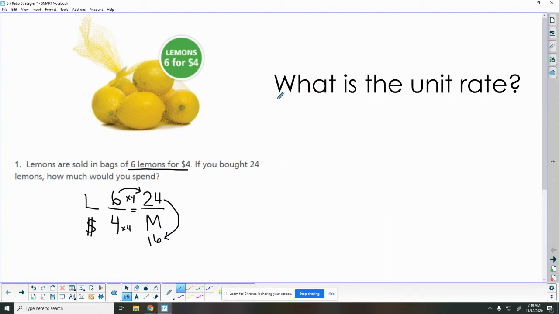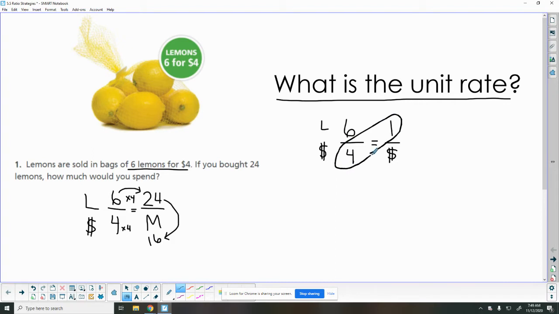So now we also need to know the unit rate. So our unit rate is we have our lemons, and I want to know if I have 6 lemons and they cost $4, if I bought 1 lemon, how much money would that be? So here I'm doing 1 times 4 is 4.